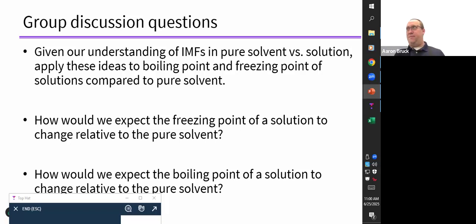Now let's apply this to freezing. This one's just kind of think about it more intuitively. If a solution causes things to stay liquid longer because they're changing the dynamics of the solution, what does that mean for turning into the solid phase?